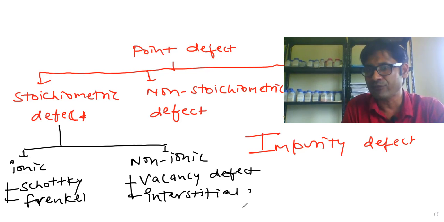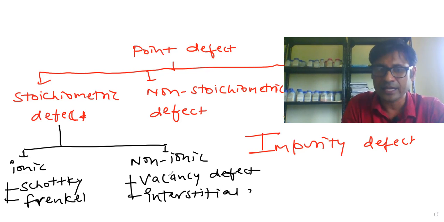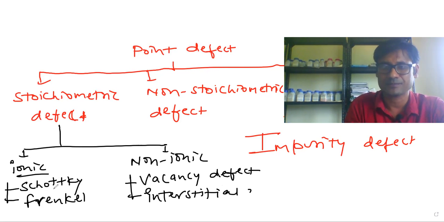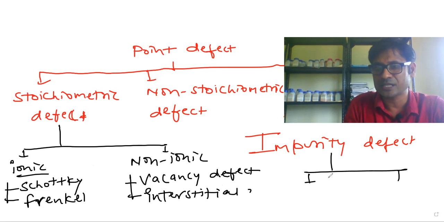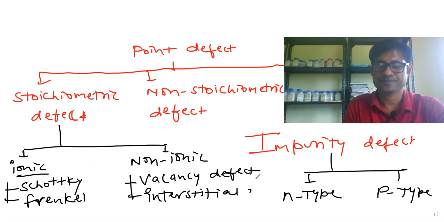There are two types of defect in non-ionic, and two types in ionic defect. Clear? So one by one we will study. And impurity defect is further divided into two types. First is called N type and second is called P type.